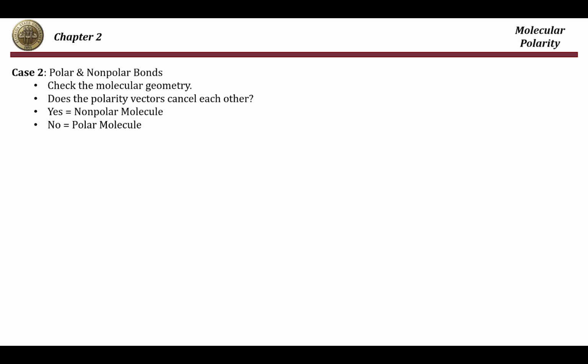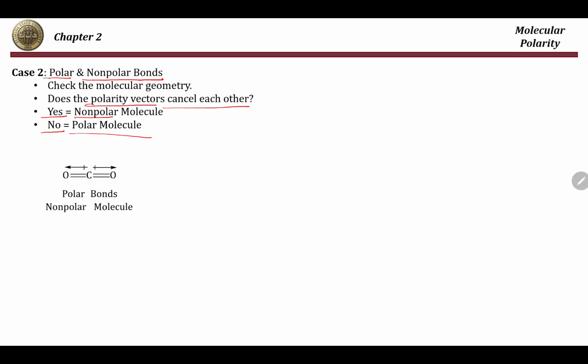The second case or scenario is a molecule which consists of polar bonds. In this case, you have to check the molecular geometry of the molecule, and you have to check whether the polarity vectors actually cancel each other or not. If they cancel each other, then the molecule is considered as a nonpolar molecule. If not, then the molecule will be considered as a polar molecule.